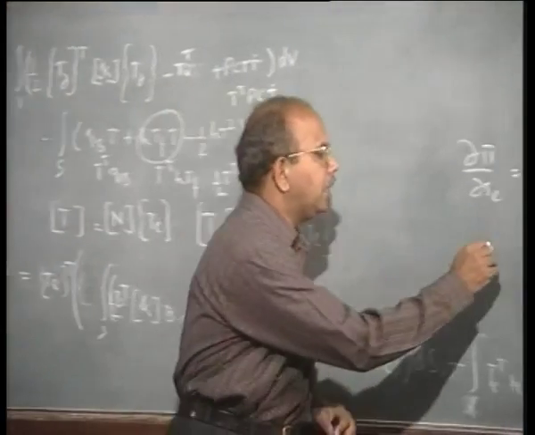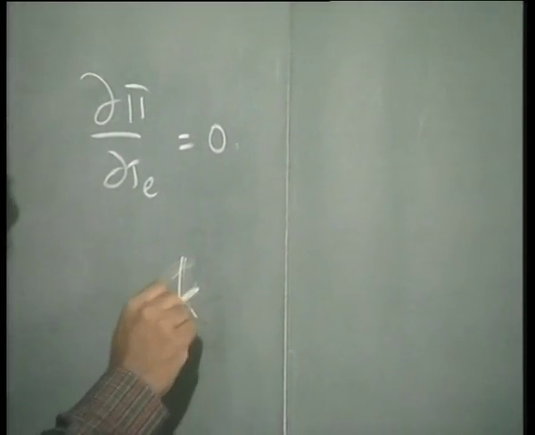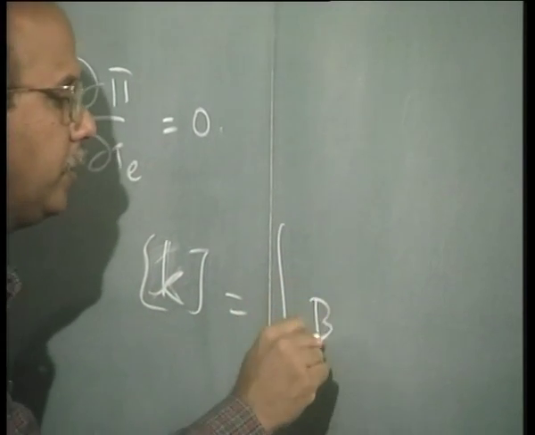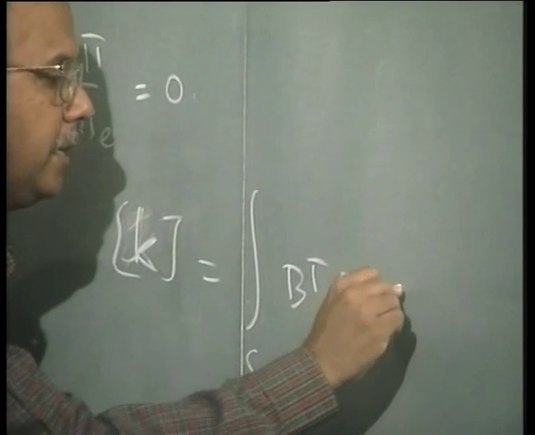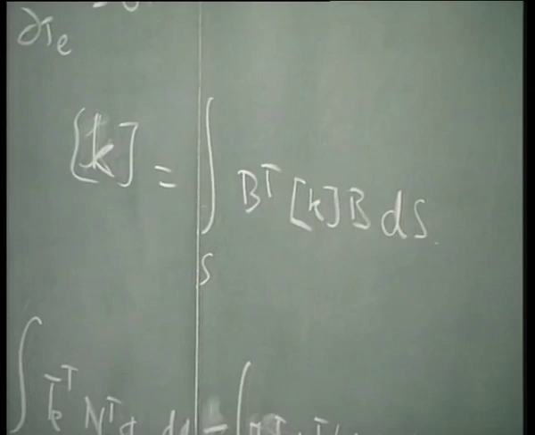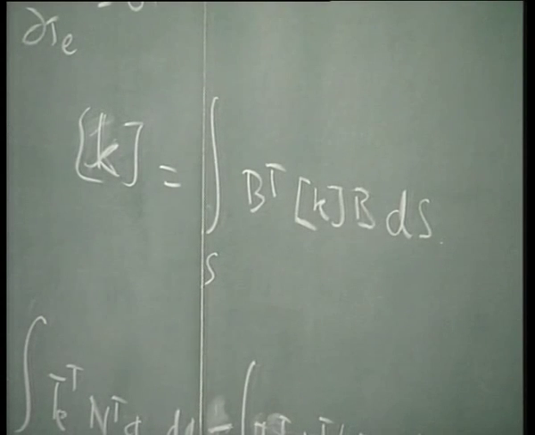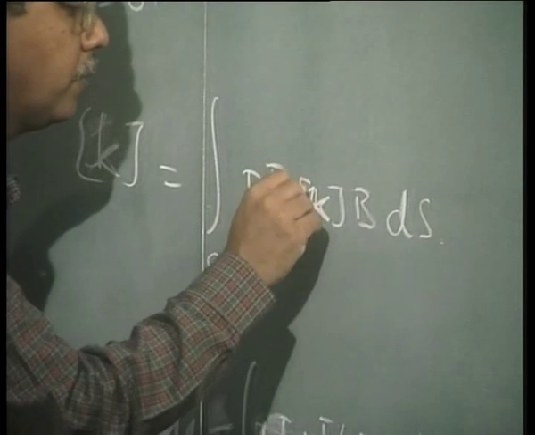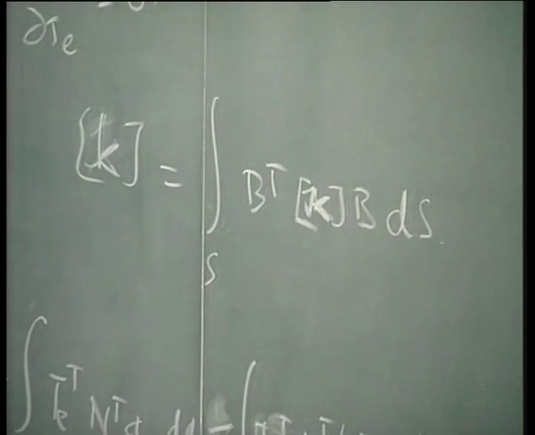Let me call a matrix K equal to the integral of B transpose kappa B ds. Yes, K here is kappa, sorry. Is that clear? First thing.